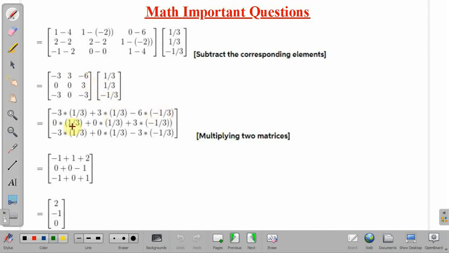Similarly, we can obtain the second row and third row elements. So our resulting matrix will be minus 1 plus 1 plus 2. The second element will be 0 plus 0 minus 1 and the third element will be minus 1 plus 0 plus 1. So our resulting matrix will be 2, minus 1 and 0.